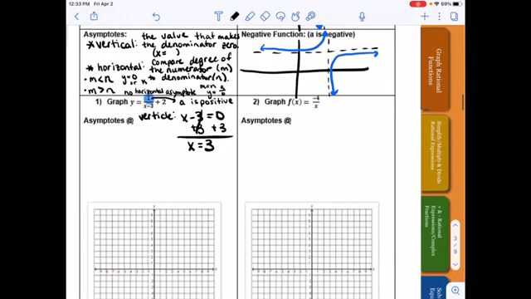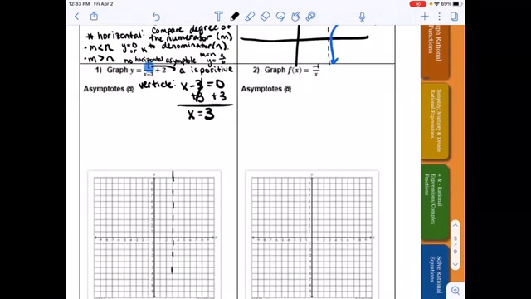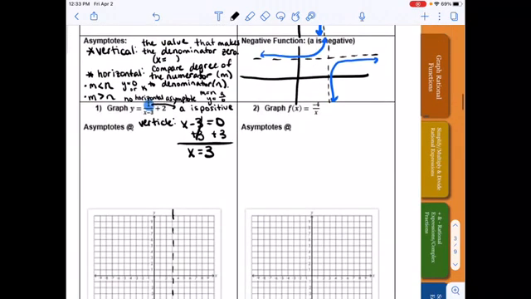Okay, so you can put a dashed line at x equals 3. Now, if the denominator is a quadratic, you're going to have to factor that, and there might be 2 asymptotes, vertical asymptotes.